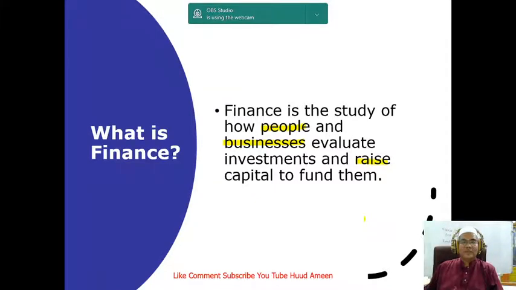So people who study finance might be appointed as a finance manager to run the business, to run the operations of the business, and the business has to face the problem of paying some expenses.